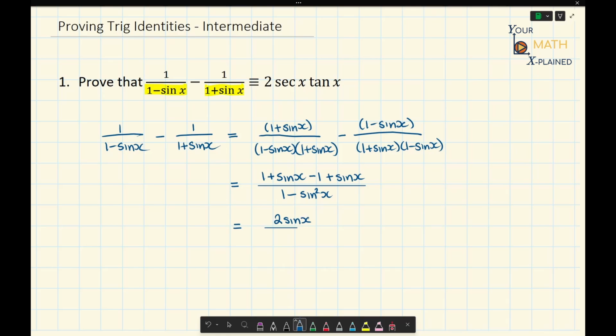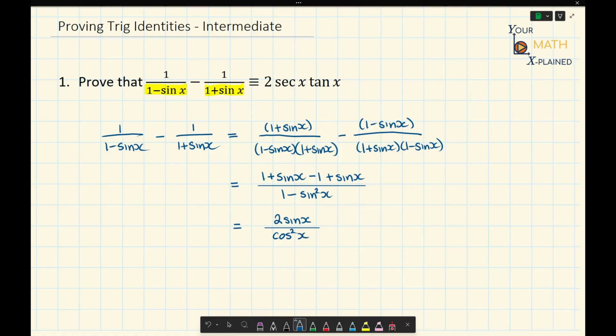And then the denominator, we can use our Pythagorean identity, which says that sine squared x plus cos squared x is equal to 1. And if we were to isolate cos squared x, we get 1 minus sine squared x is equal to cos squared x. So we can go ahead and replace our denominator.